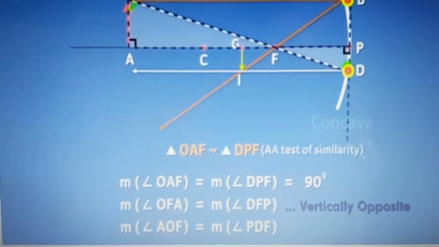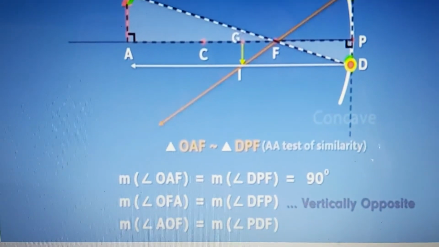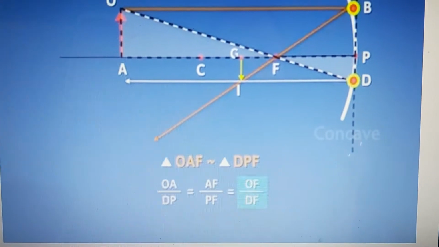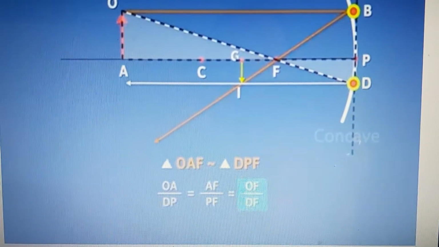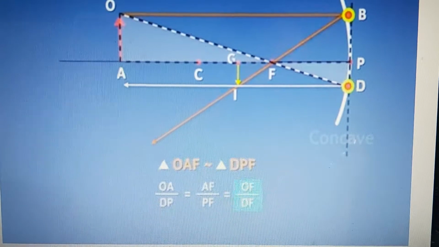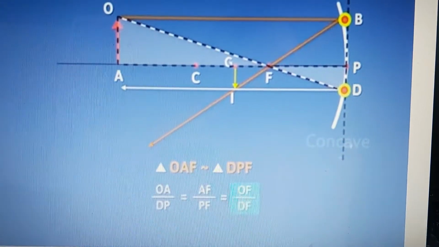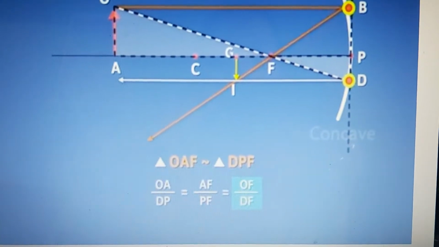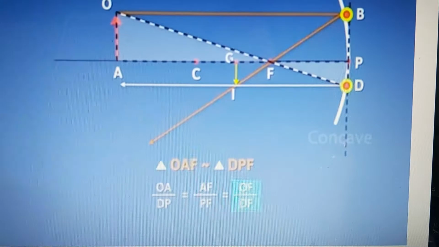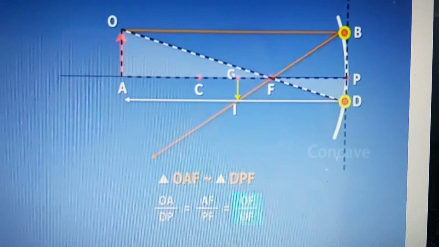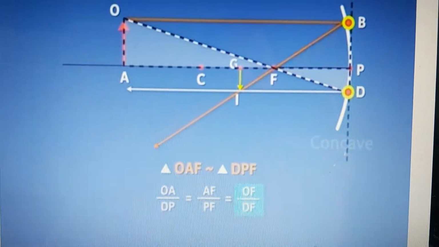Now because they are similar, we can say that OA over DP is equal to AF over PF is equal to OF over DF. Now from the figure, what do AF and PF represent?